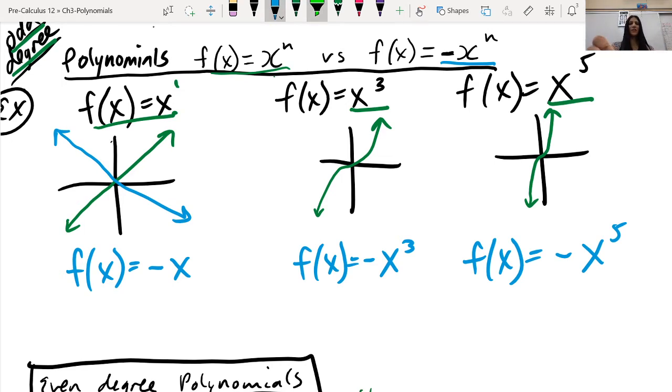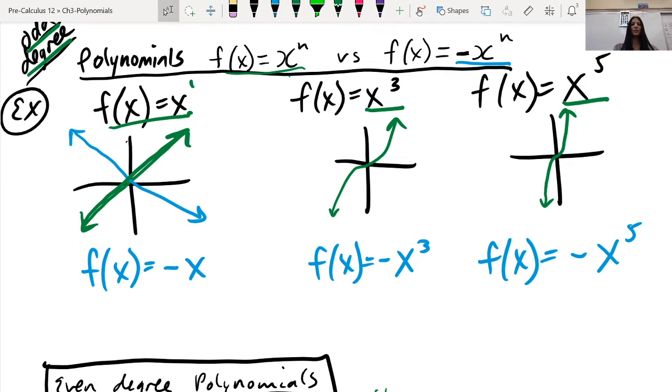I want you to think of the pattern of behavior that you notice, meaning I want you to look for similarities between these three green graphs. So let's start with this one first, and then the next one and this one. Basically we're looking to see what they all have in common. Hopefully you're able to see they all start down here. Let's label our quadrants. This would be quadrant 3. Notice how they all start pointing downwards in quadrant 3.